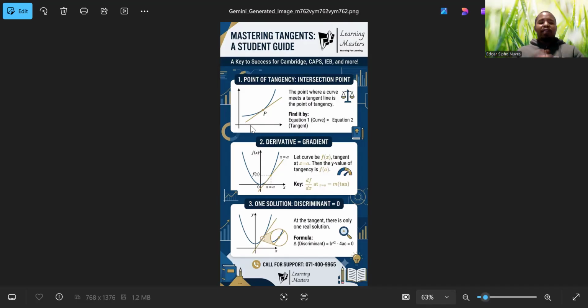If we have a curve called f of x, and it touches the tangent at a point where the x value is equal to a, then you can find the y value of the point of tangency by substituting the x value, a, into the graph of f.